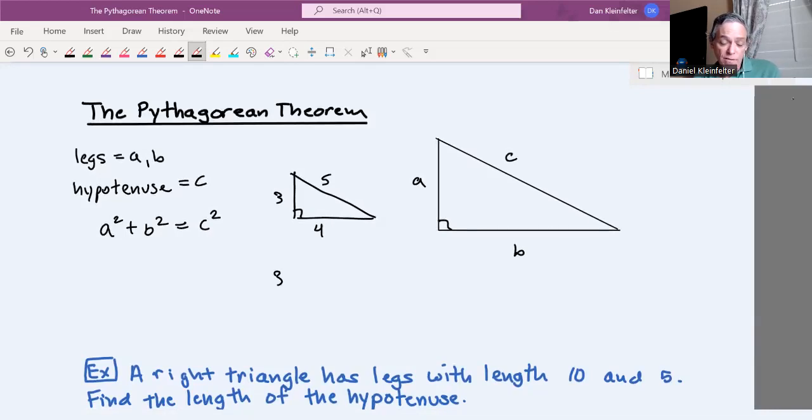And to check, we can say 3 squared plus 4 squared, that's equal to 9 plus 16, which is 25. That's 5 squared. Turns out that that's always true: for a right triangle, if you take the two shorter sides, square them, and add them up, you get the length of the longer side squared.